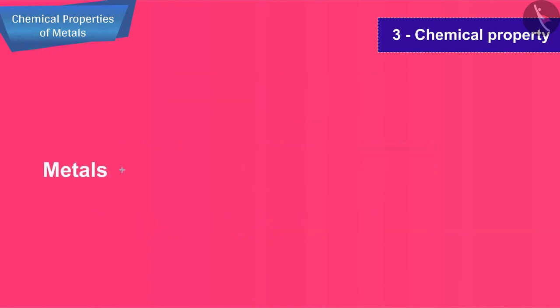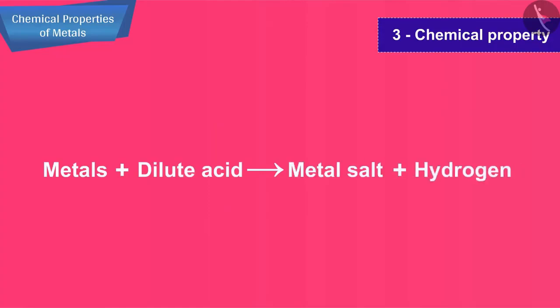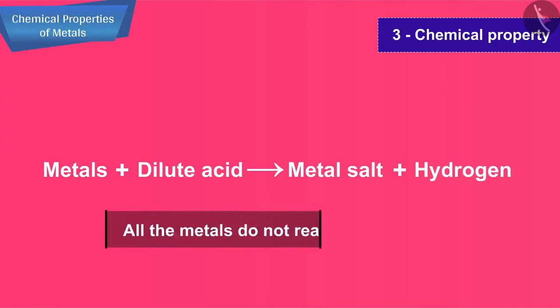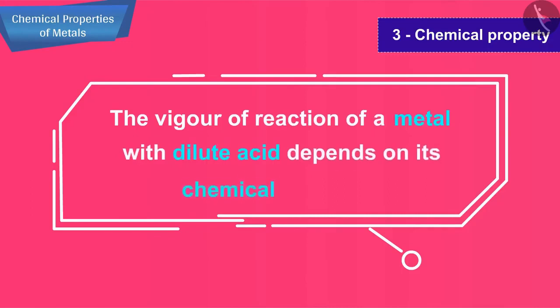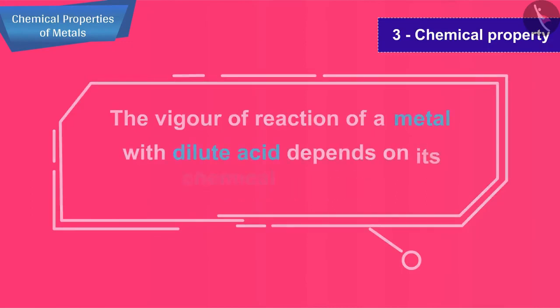When a metal reacts with a dilute acid, then a metal salt and hydrogen gas are formed. All the metals do not react with dilute acids. The vigor of reaction of a metal with dilute acid depends on its chemical reactivity.